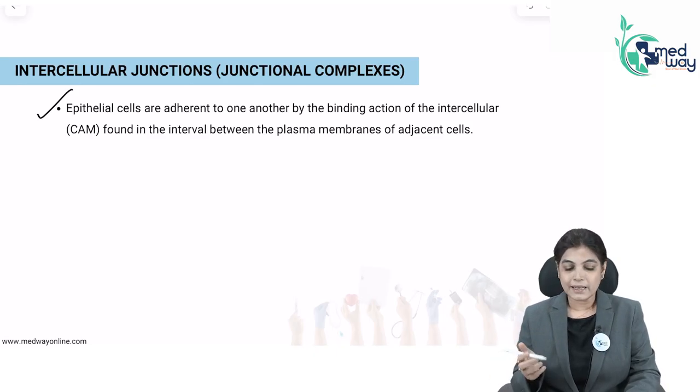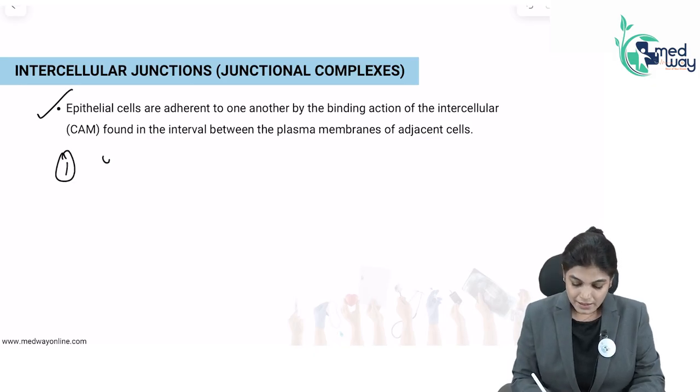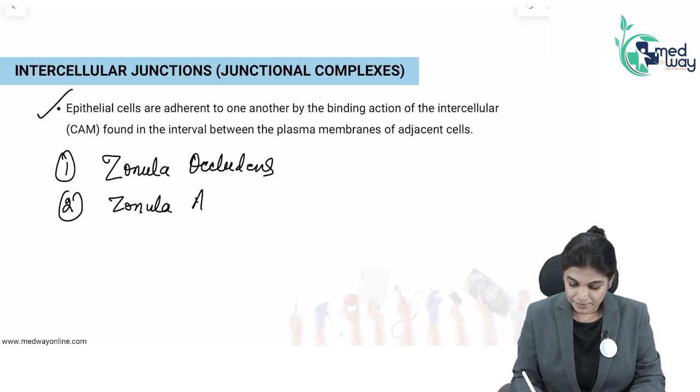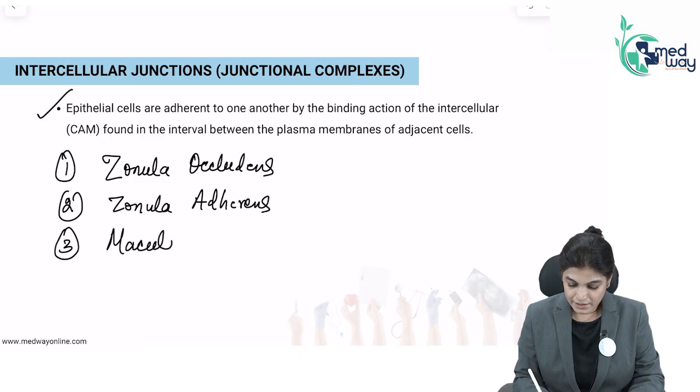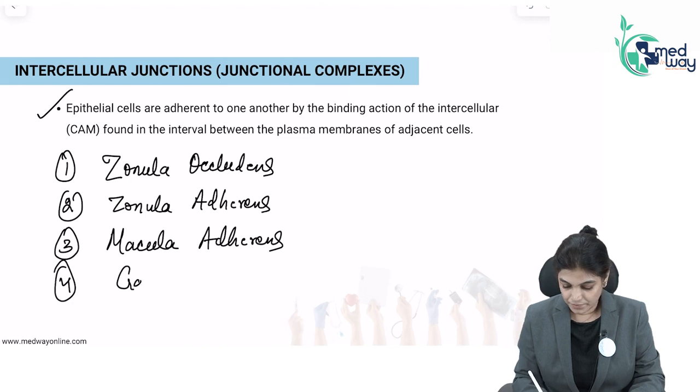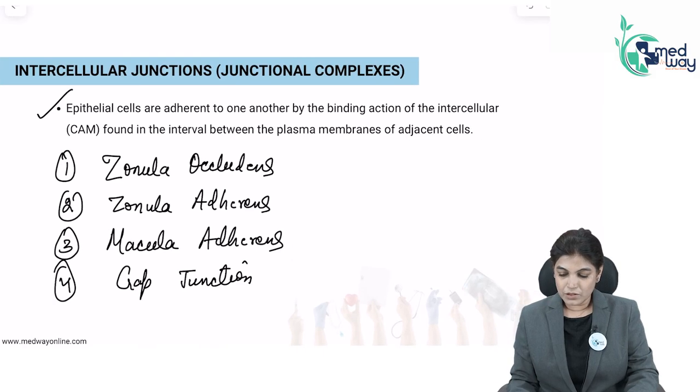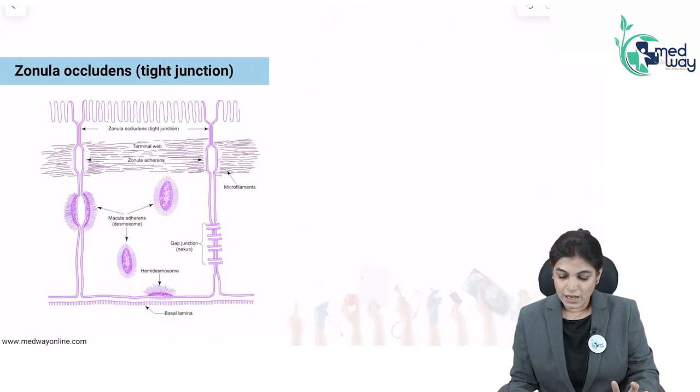The epithelial cell connections are of the following varieties: zonula occludens, zonula adherens, macula adherens, and also gap junction. It is important that we know the details of all of these, that is, intercellular junctions and junctional complexes.